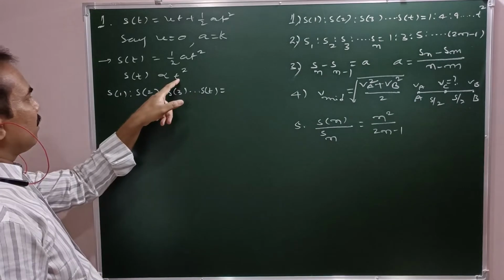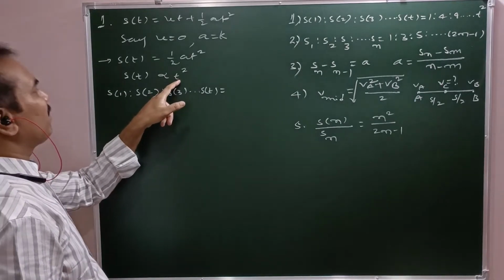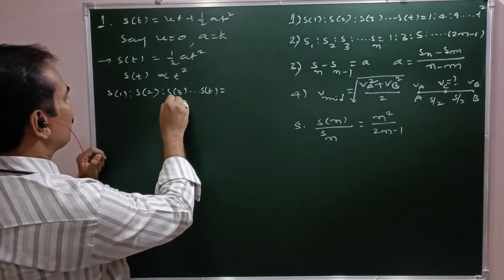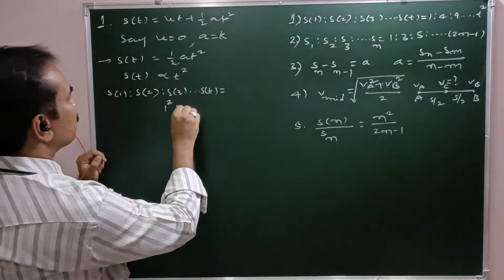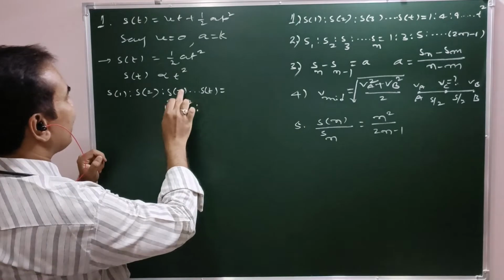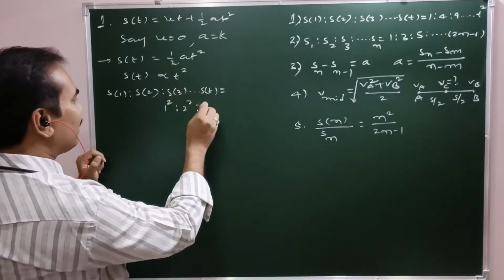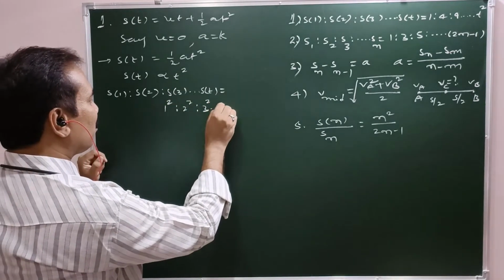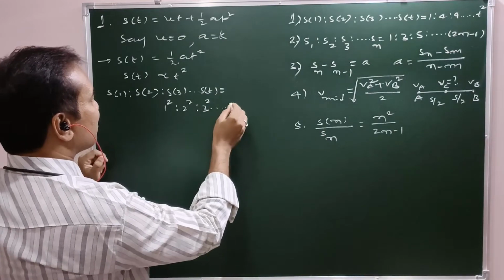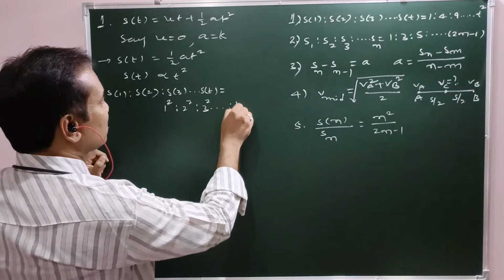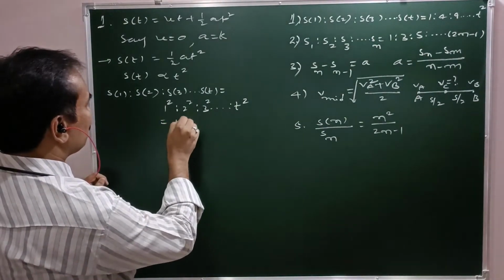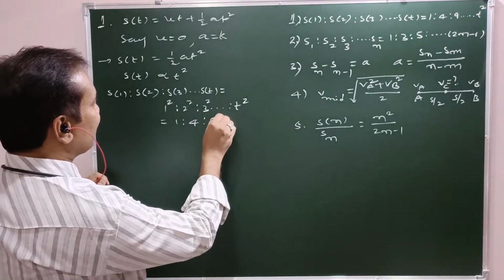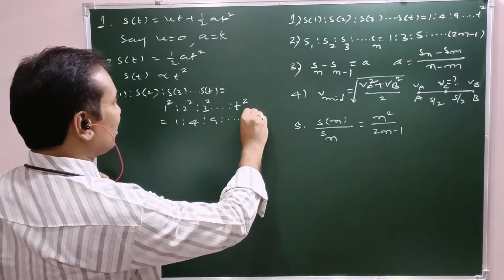Take t as 1, that is 1 square, is to t as 2, that is 2 square, is to t as 3, that is 3 square, is to up to the final value, that is t square. So what is the final answer? 1 is to 4 is to 9 is to up to t square.